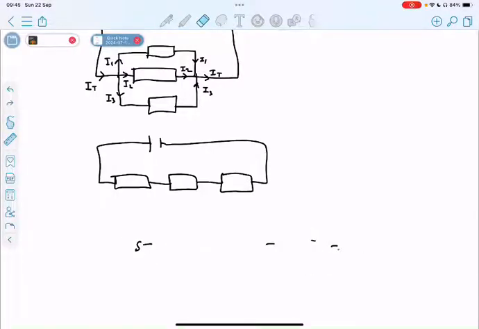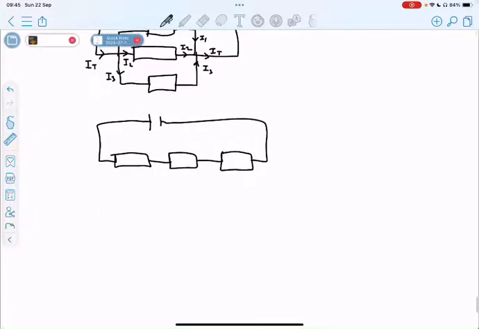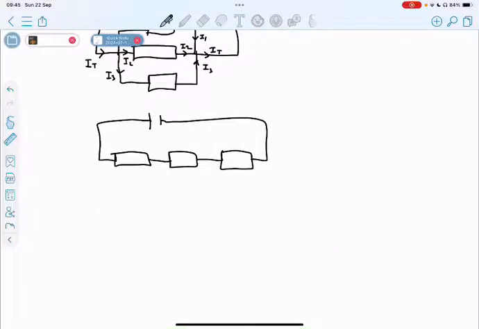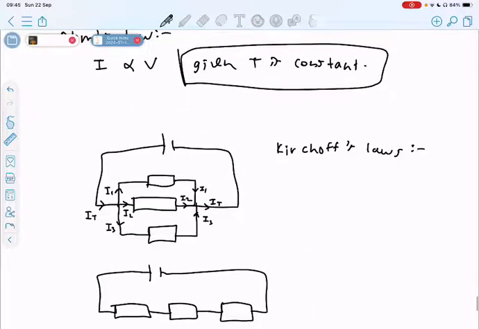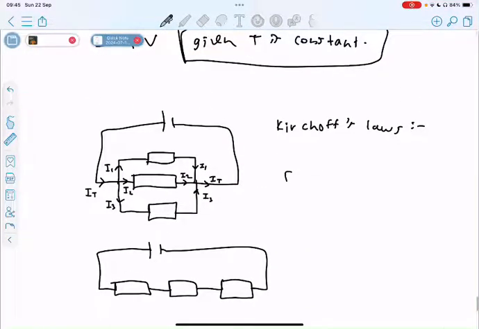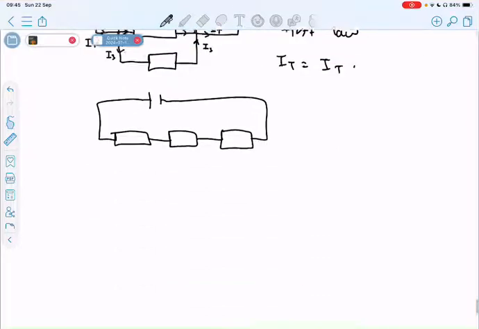Let's get more deep into that. This is where Kirchhoff's second law comes into place. So the first law is that current IT is equal to IT after the junction, so current flowing into the junction is equal to the current flowing out of the junction.